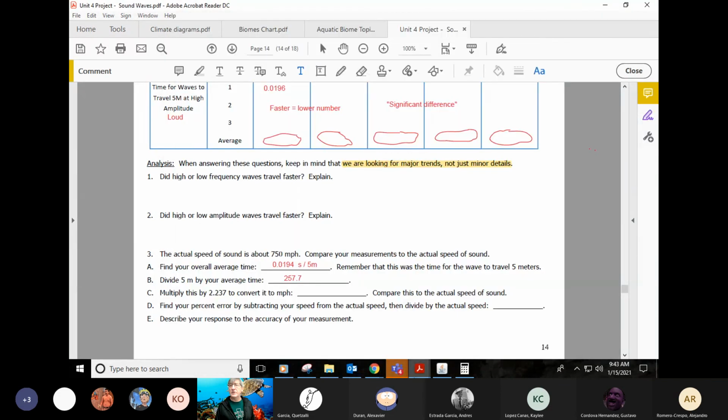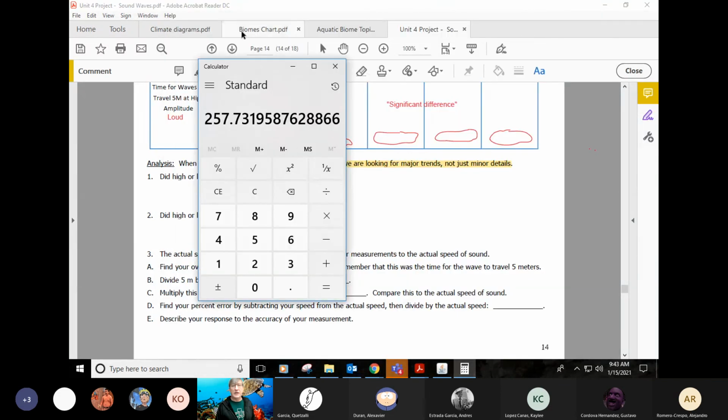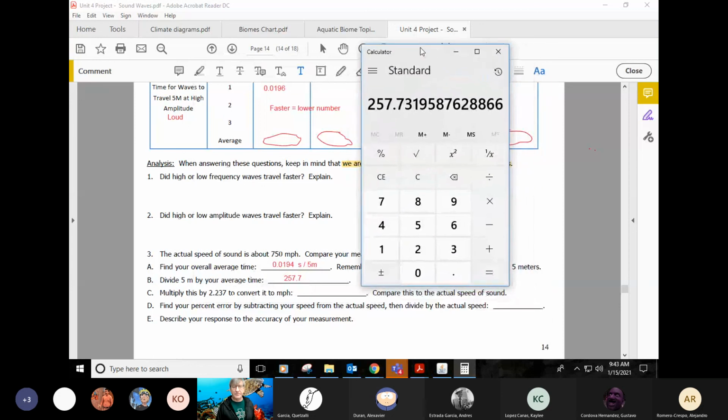Now, to convert this to miles per hour, I take this number, leave the whole thing in my calculator, and multiply by 2.237. This is just a conversion factor, and it has to do with how many meters are in a mile and how many seconds are in an hour. So you don't have to worry about where I got that number from.